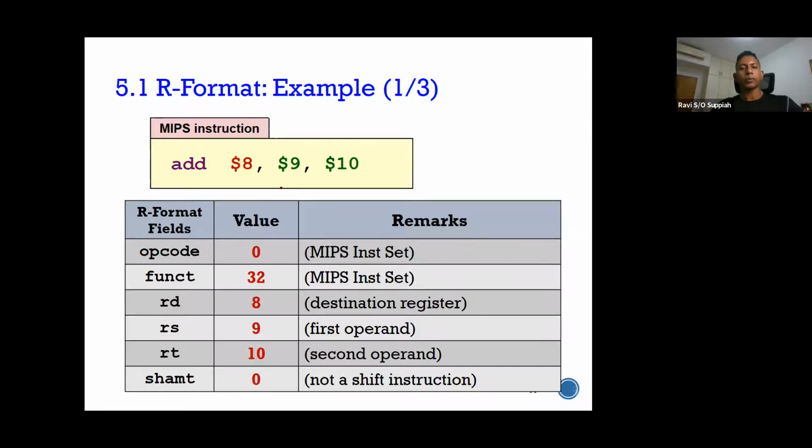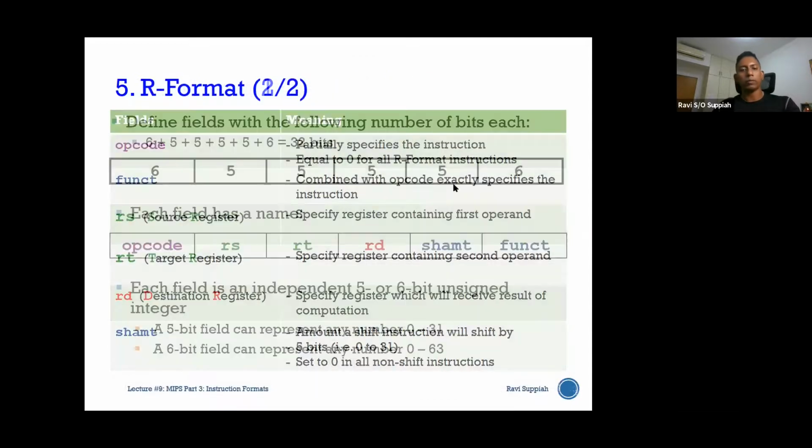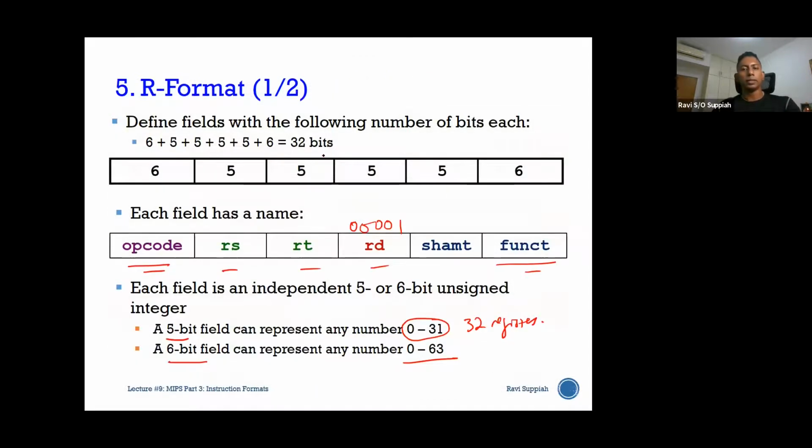Now, when I look at this instruction, you automatically know that this is your RS, this is your RT, and this is your RD. So coming back here, out of the full 32 bits, these 15 bits you already know.